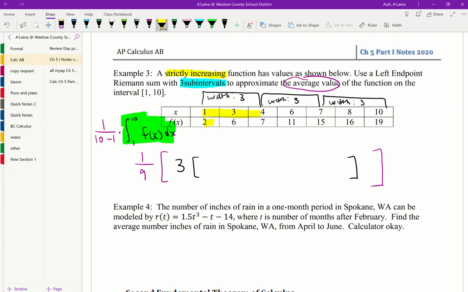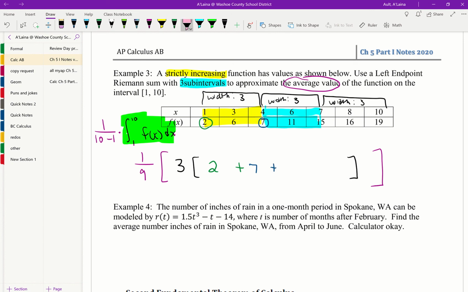There are 3 heights to choose from here in this first rectangle, but I want the height on the left-hand side, so I would use a height of 2. For the next rectangle, again, there are 3 heights here represented, but I need to use the height of 7, the one on the left, for that interval.